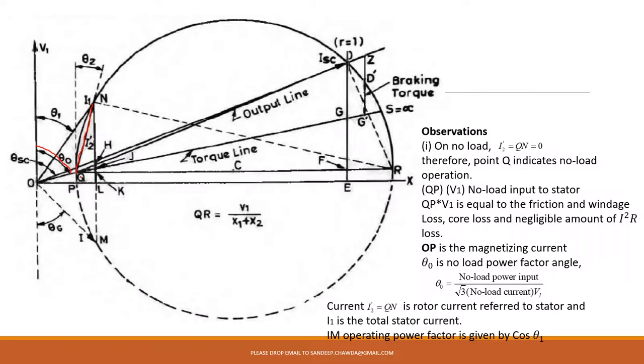Its value will be 0, but this is I2 dash, so it is referred to the stator side. I1 is this I1O, which is going to give you the stator current, and the motor operating power factor or stator side power factor will be given by cos theta 1, which is the angle between V1 and I1. So these things, I think, are clear to us.